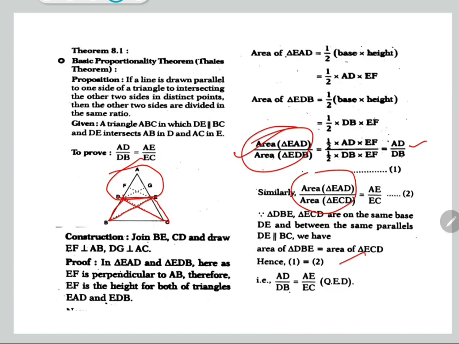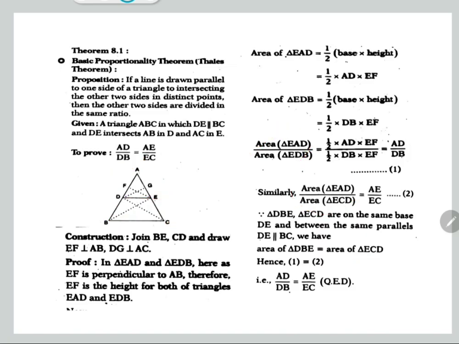This is the theorem number 1. That means if you draw a parallel line to BC, that is DE, it divides in the same ratio. AD by DB is equal to AE by EC. This is the theorem number 1.